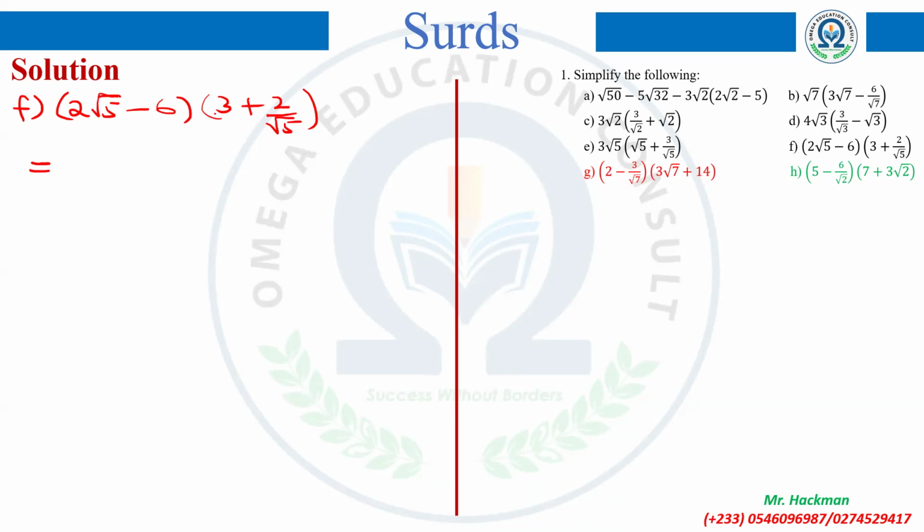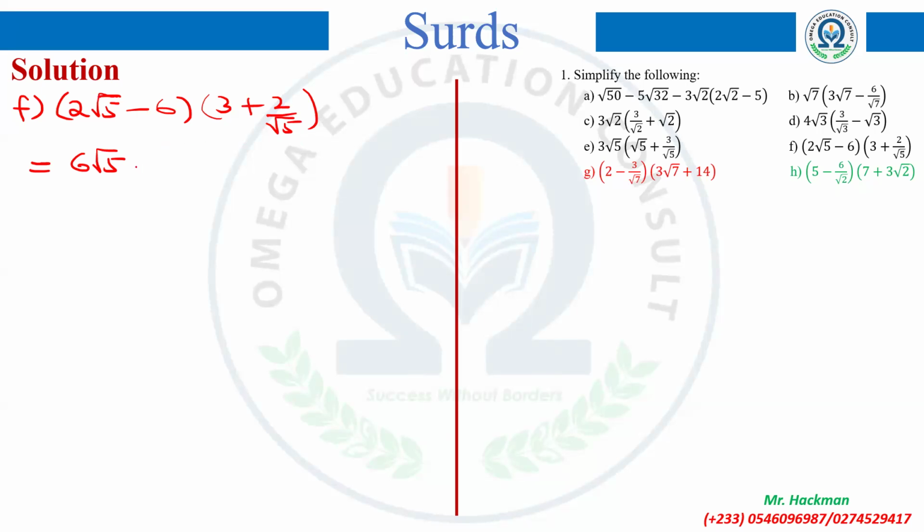So this times this will give us 6 root 5. Okay, then what do we do? At this point, we are going to get this one also times this. But now we are matured. We know that if you multiply, there will be a surd in the numerator, which is root 5, and a surd in the denominator, which is root 5, so that will cancel.